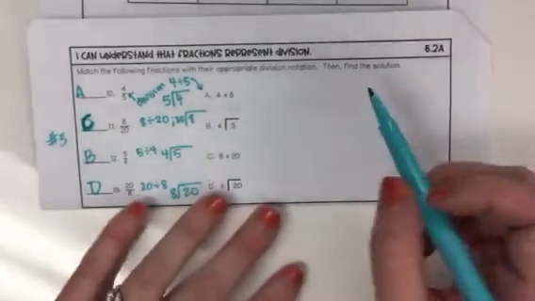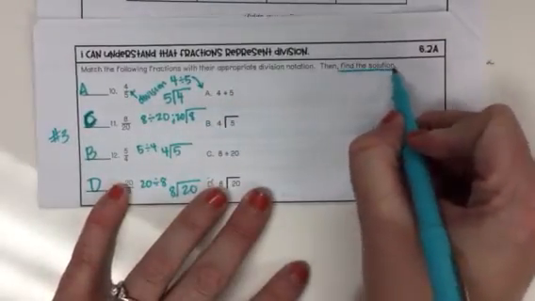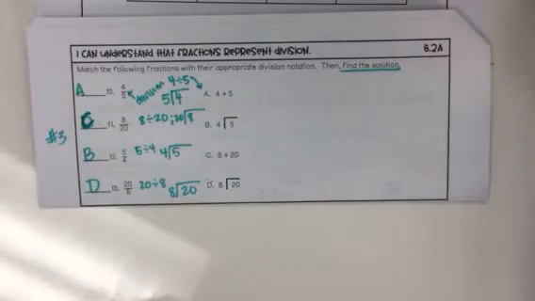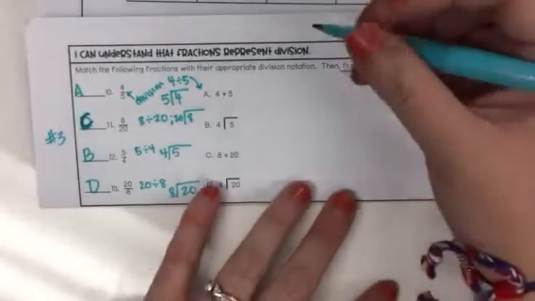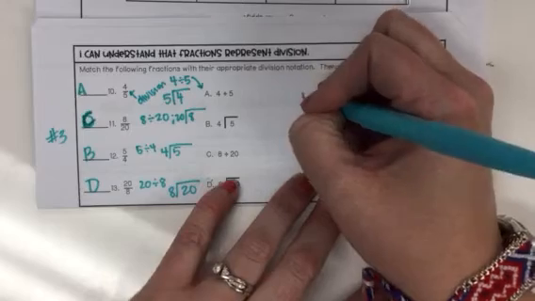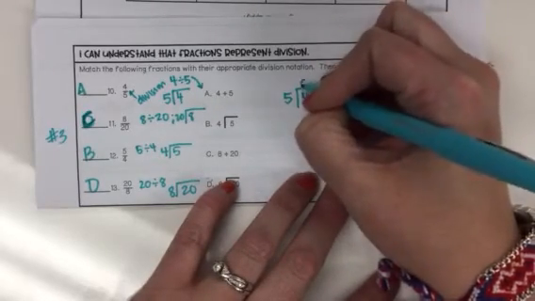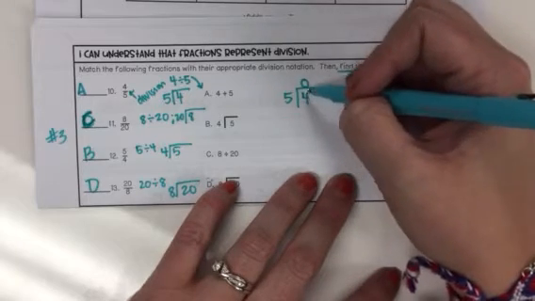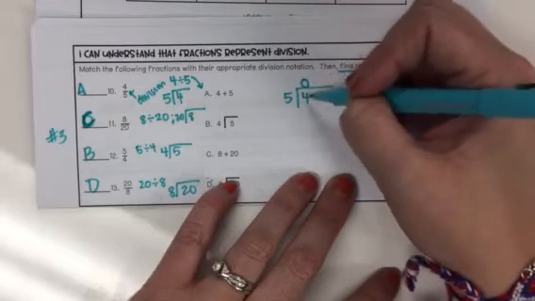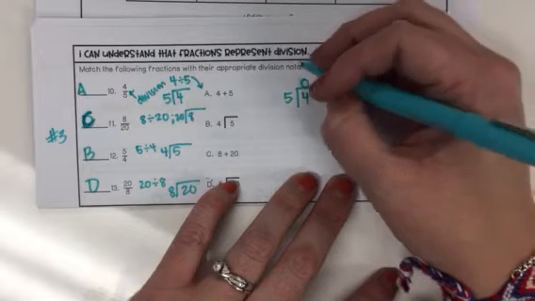But not only do they want us to match them, they want us to find the solution. So we're actually going to now do the division. When I look at number 10, I've got 4 being divided by 5. 5 goes into 4 0 times. 0 times 5 is 0, so we're gonna pretend like we've already done that part.